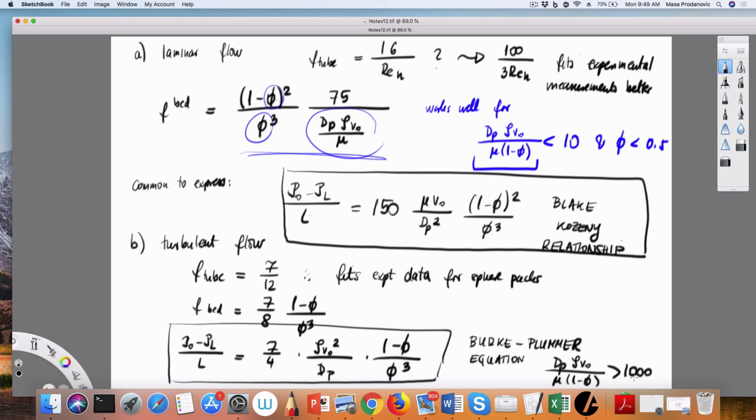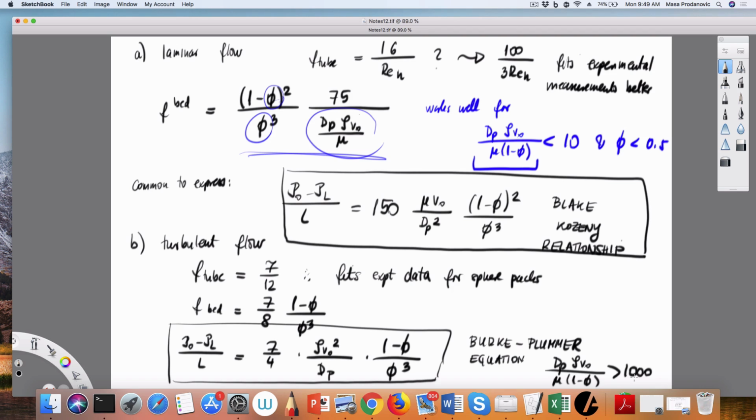So if I add the two, asymptotically, I'll behave correctly for small velocities versus large velocities. For small velocities, v squared will disappear, and this will be the dominant formula. And for large velocities, v squared will dominate, and this will disappear. So when I add the two, it works surprisingly well.